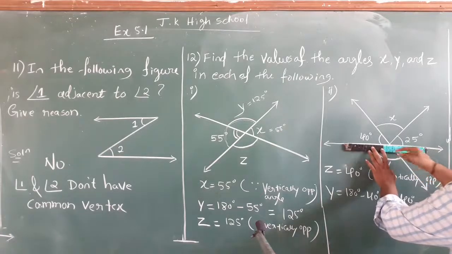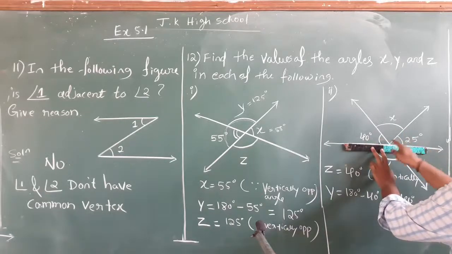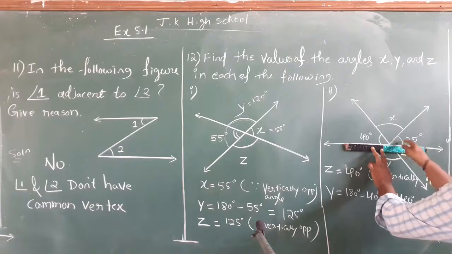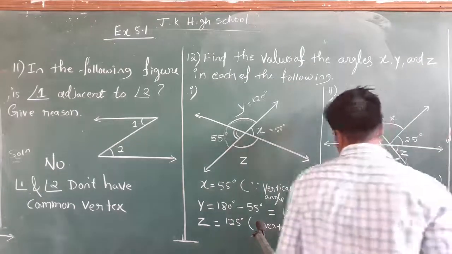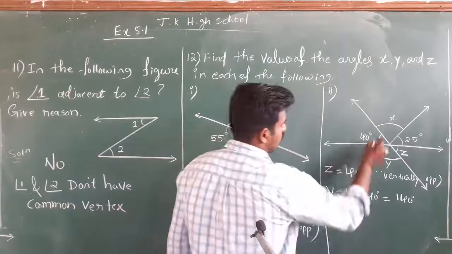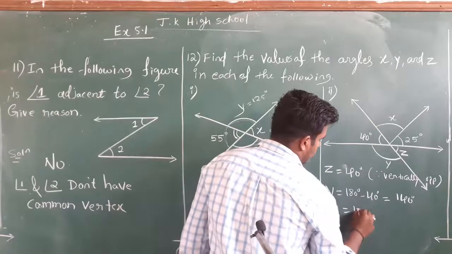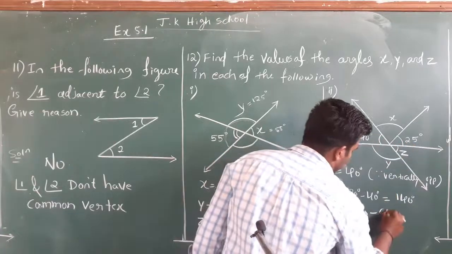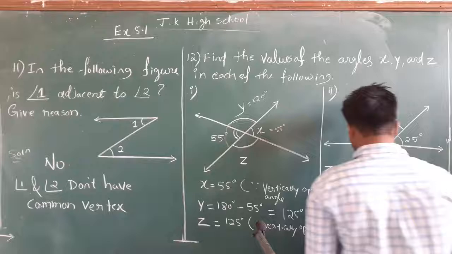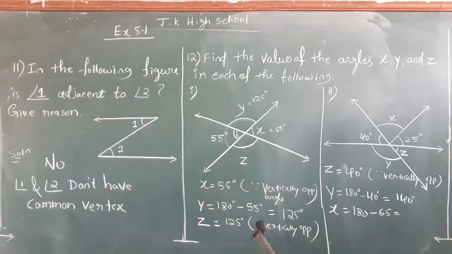This complete is 180. 40 plus 25 is how much? 65. How much should I add to make it 180? Okay. X is equal to 180 minus 40 plus 25, which is 65. 180 minus 65 is how much? 115.